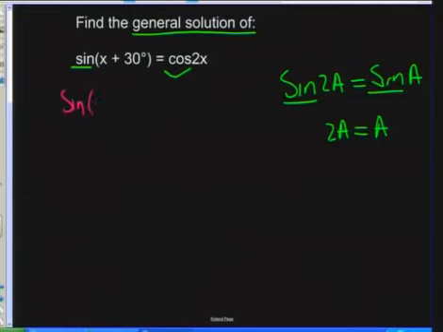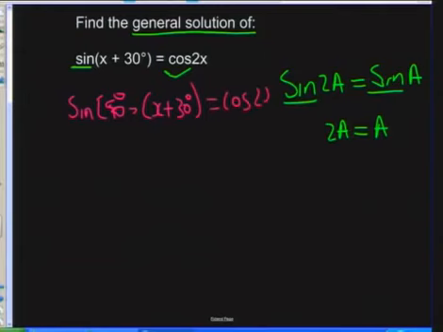Sine of 90 degrees minus x plus 30 degrees is equal to cos 2x, not sine, this should be cos.